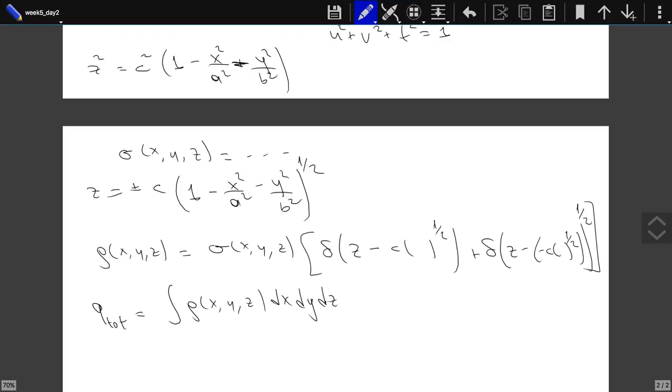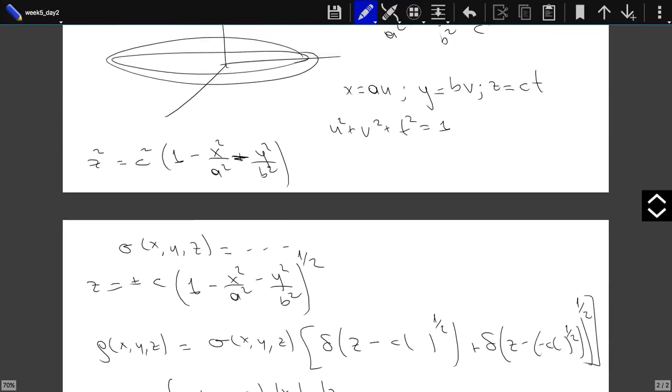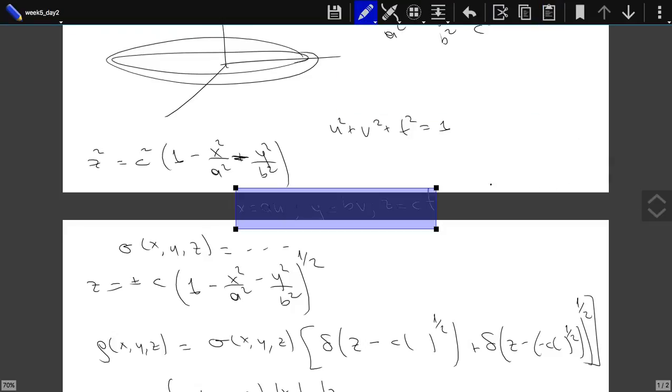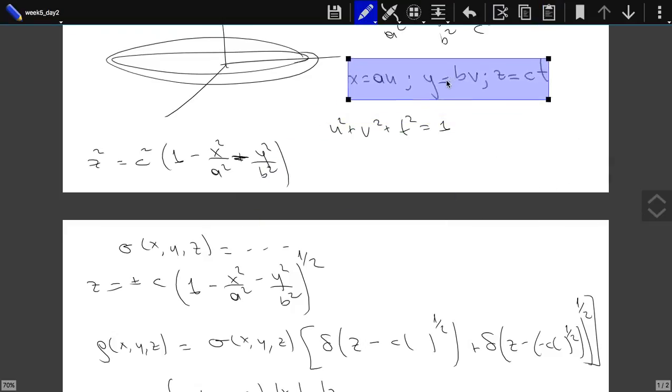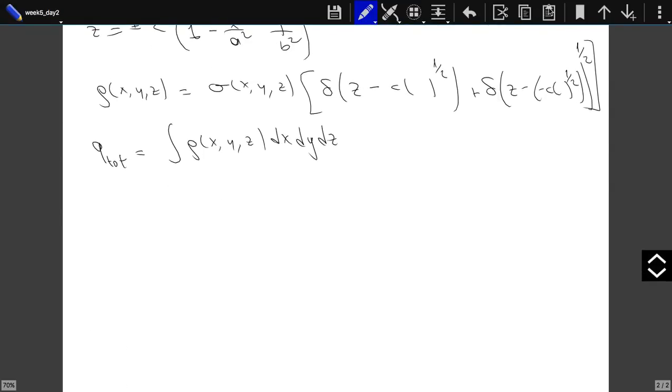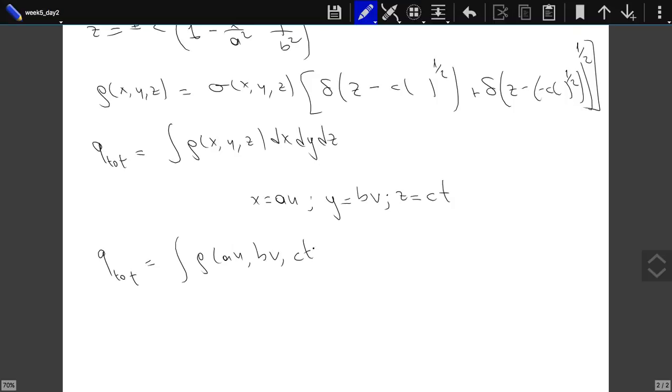Well, now I can make the change of variables. You see, these are my change of variables. So Q total would be equal to the integral of rho of au, bv, ct times abc du dv dt.